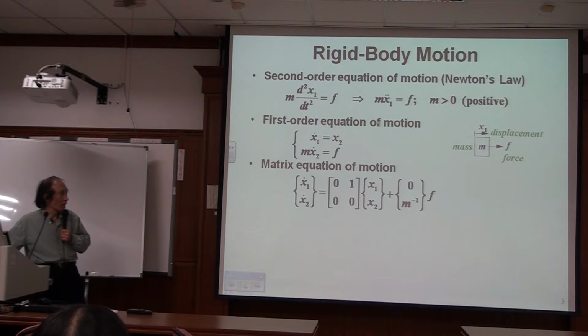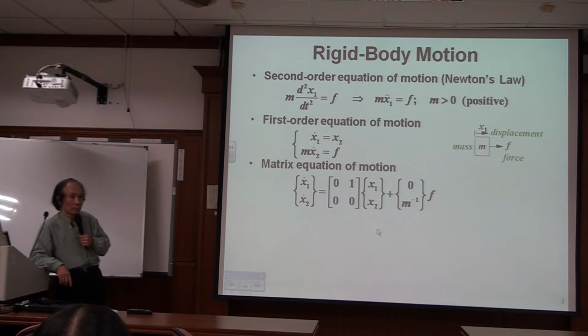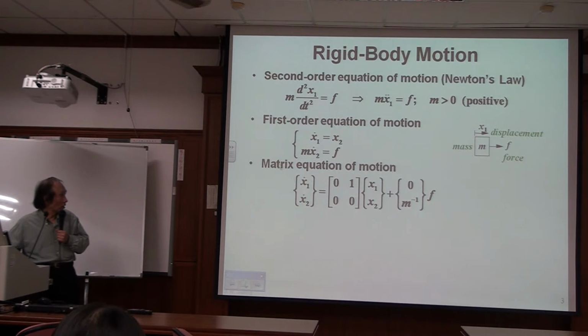All the control design uses first order equations of motion. So, if you learn control, you've got to learn the first order matrix equations. That's what I call matrix equation of motions.